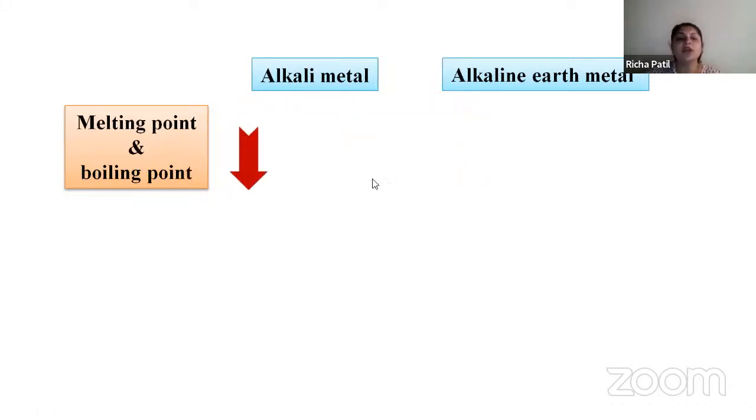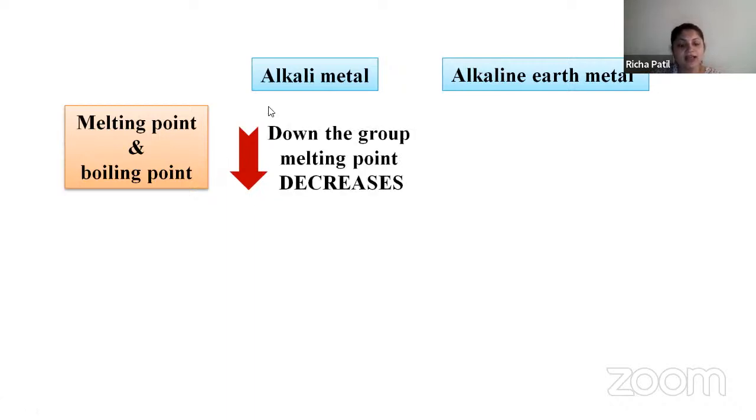So what will happen to boiling point and melting point? It will decrease. It will be very low, and it decreases with the increase in atomic number. Alkali metals have large size. As you go down the group, what will happen to melting point? It will decrease. What is the reason? As you go down the group, the size of the atom increases.